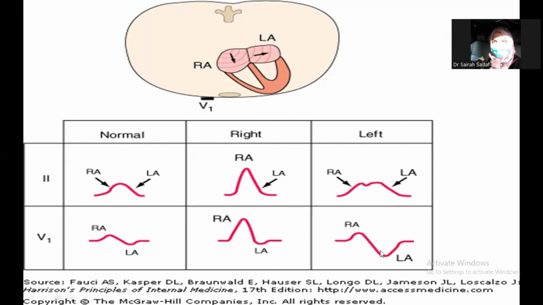As you can see the difference here, in this slide, in P pulmonale, when there was a problem with the right atrium, you can appreciate that the right component is bigger than the left component. And when there was left atrial pathology, the left component was bigger than the right atrial side. See, right?